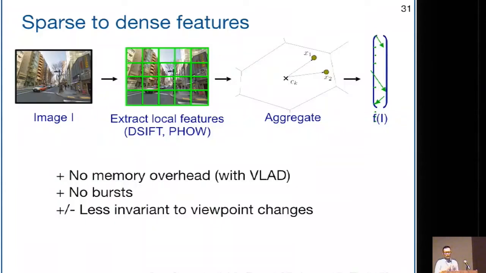When we use dense features, we somewhat lose viewpoint invariance. But for the place recognition task, that is actually okay, because what we want is the image from the same view, so we don't need invariance to viewpoint changes so much.